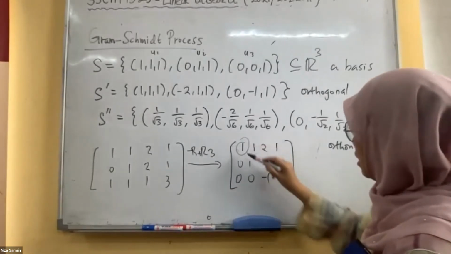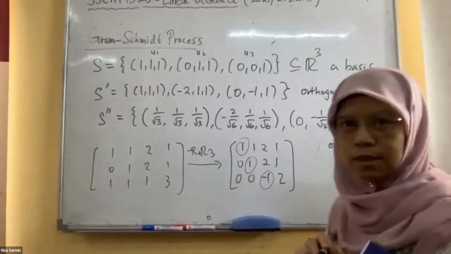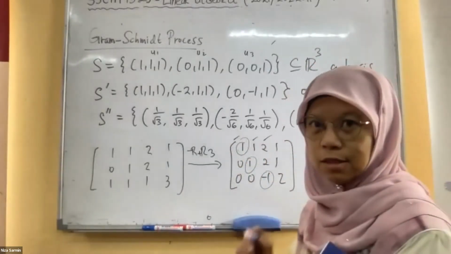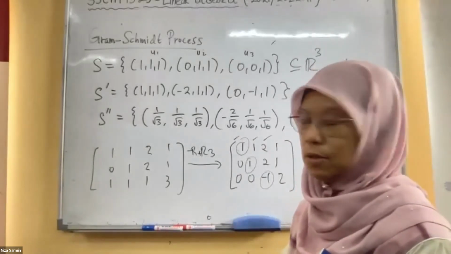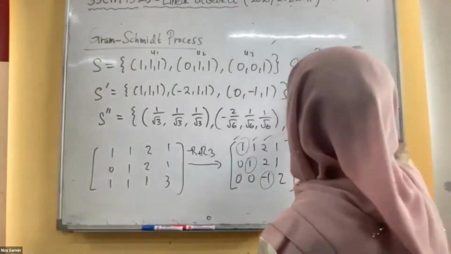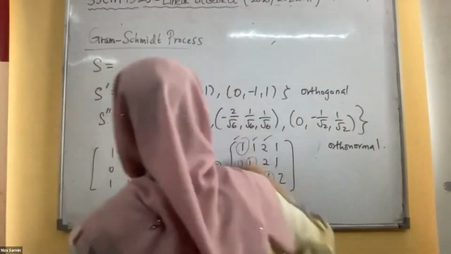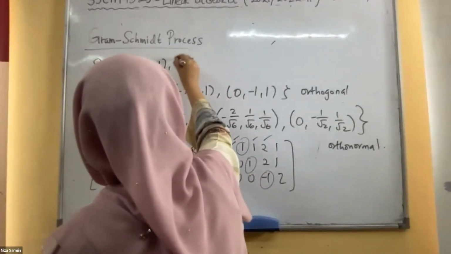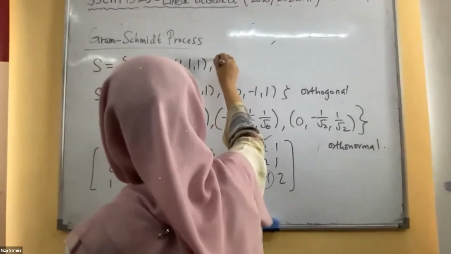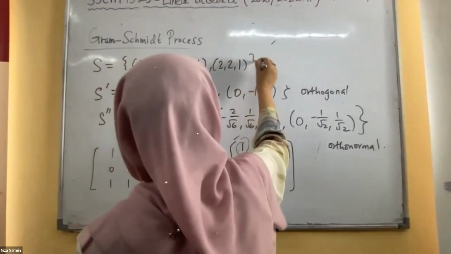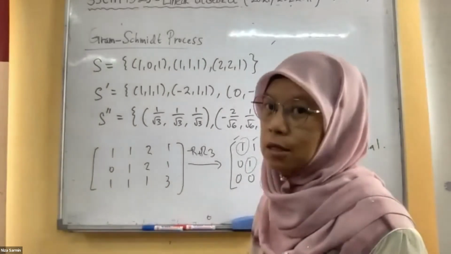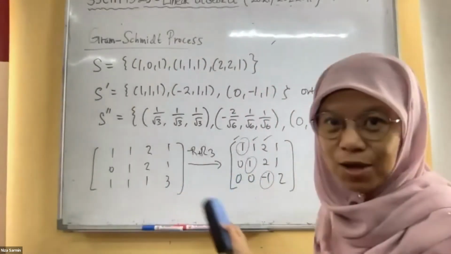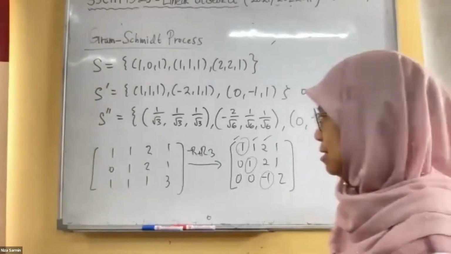Okay, this can be the leading one. You can just take these 3 as the basis. So you can start your S, the original, yeah? Take the original: 1, 0, 1, 1, 1, 1, 2, 2, 1. You can double check that the determinant is not 0. This is how you get rid of the extra.